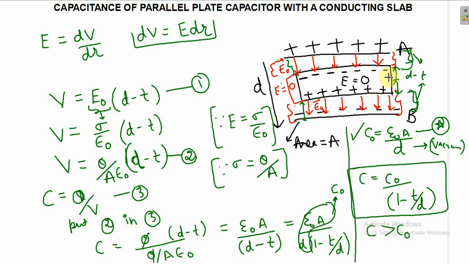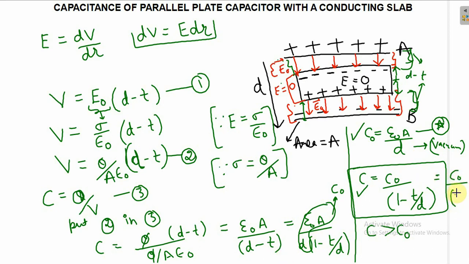The next equation is for when a conducting slab is inserted there. Out of these two, you can see easily from here, in the denominator something is going to be subtracted, and you can compare this equation with equation star.